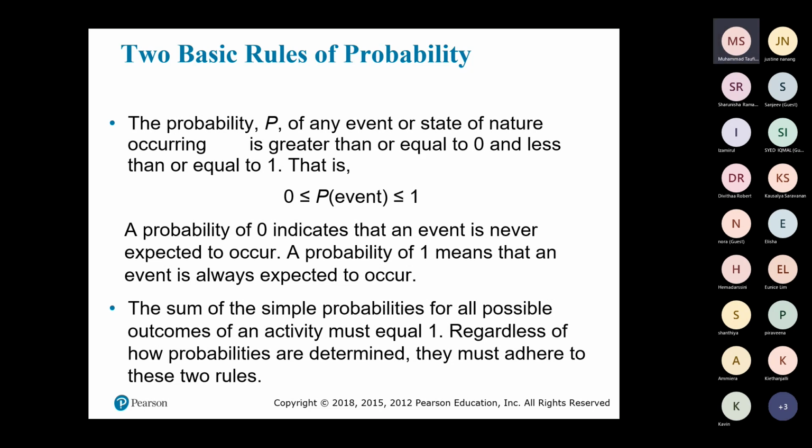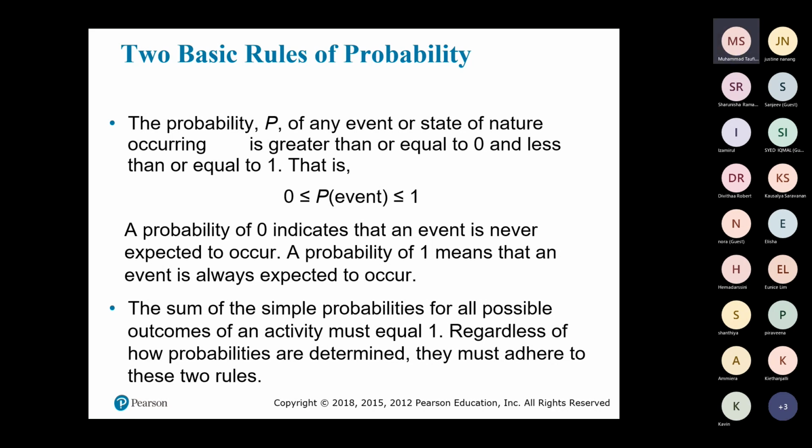So 0 means the chance of the event to happen is 0, meaning the event will not happen. If the probability value is 1, it means the chance of the event to happen is 100%.